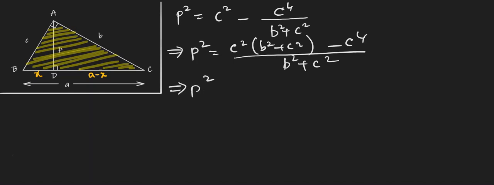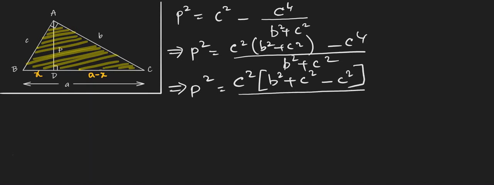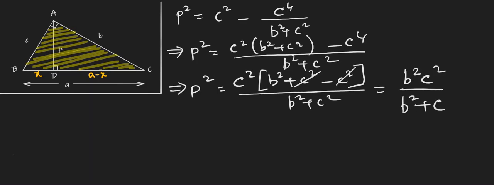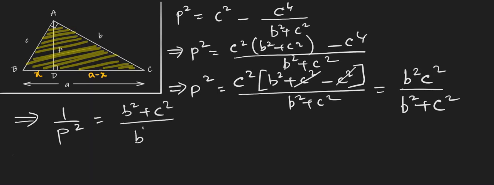Now we can take C square common on the right hand side. So C square (B square plus C square minus C square) divided by B square plus C square. So plus C square minus C square cancels. This is equal to B square C square divided by B square plus C square. Or we can write this as 1 over P square is equal to B square plus C square divided by B square C square.